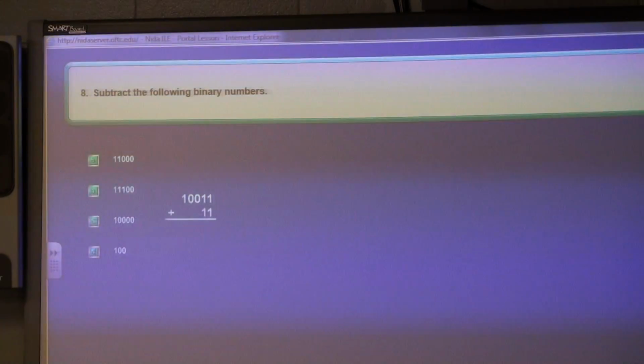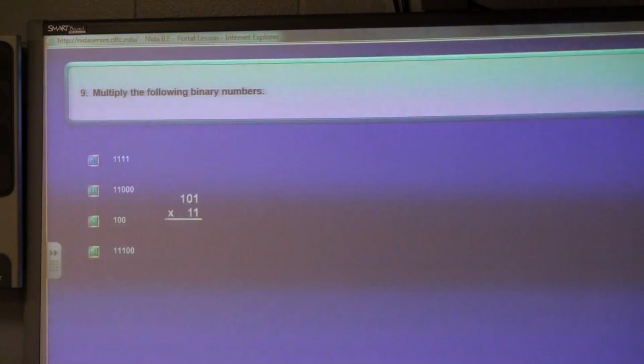Yep. 16. 19 minus 3. All day long is 16. So if we do have any subtraction or addition problems, binary in one sense is the way to go for subtraction.